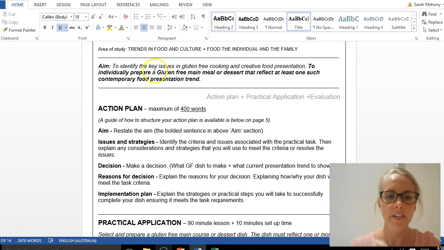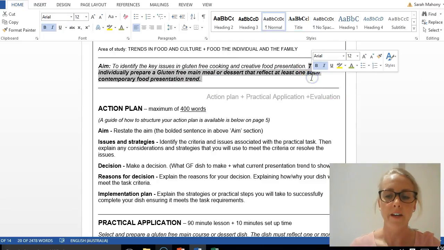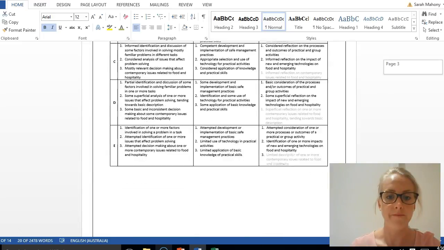Okay, and you can see here we have the aim to identify the key issues in gluten-free cooking and creative food presentation, but the bold section, which is what it's asking you to include there, is to individually prepare a gluten-free main meal or dessert that reflects at least one such contemporary food presentation trend. Okay, so you would copy and paste this here down into the aim section.